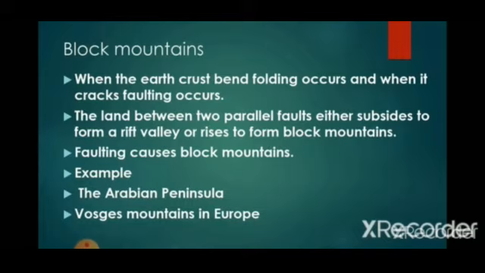Examples of block mountains are the Arabian Peninsula and the Vosges Mountains in Europe. That means a mountain, a raised area or a plateau is formed when pressure is given from both sides, and if the tectonic plate or the land is not strong, then this type of thing happens, and block mountains, peninsulas, or plateaus are formed.